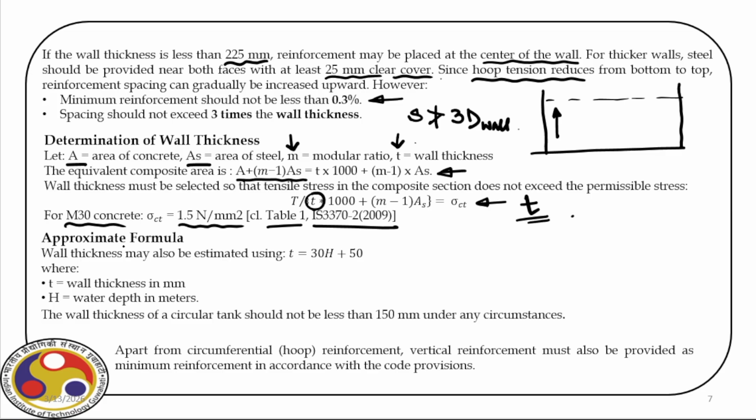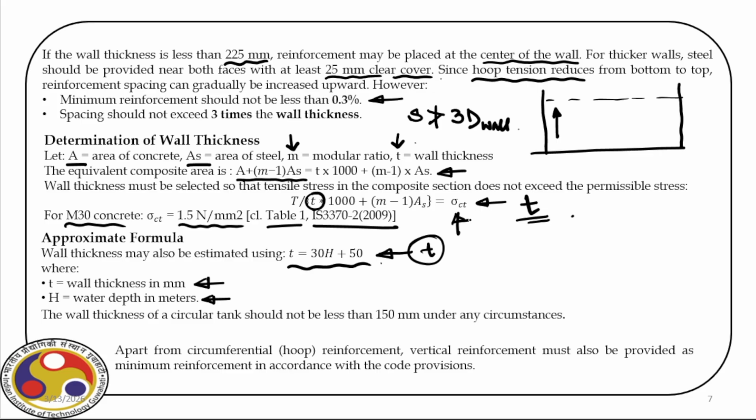Now, there is an empirical expression. So thickness you can assume using this approximate formula, which is 30 times H plus 50, where T is the wall thickness in millimeter and H is the depth of water in meter. We will see how we can use this expression and find out T, and then once we find out T, we have to check whether it satisfies this requirement of permissible tensile stress.